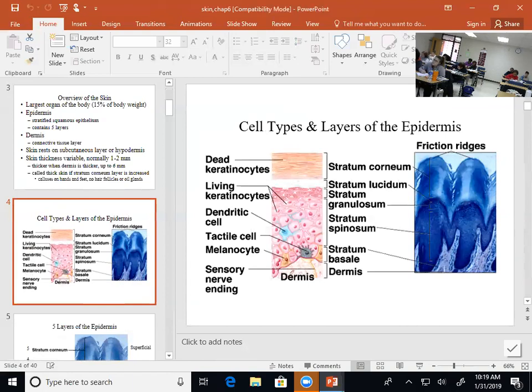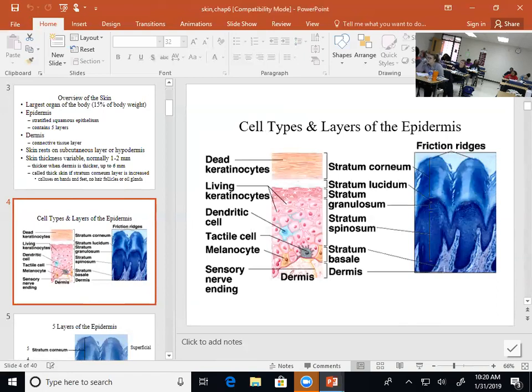At the bottom of the epidermis, where this base layer is found, we know the connective dermal tissue is pushing up into it. But what do we know is probably also in these? Even though the cells are really tight together, don't they need nutrients? They need blood supply.